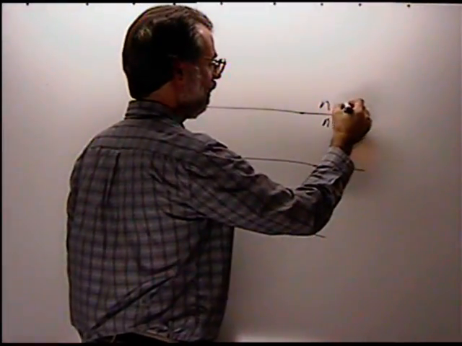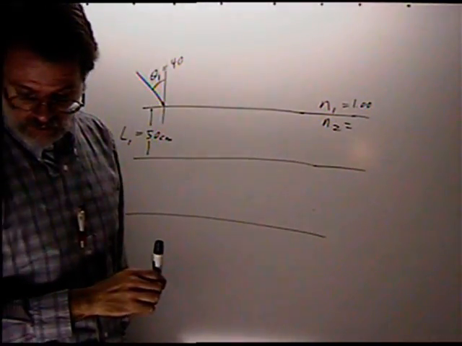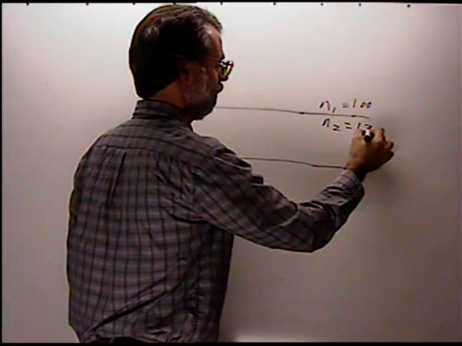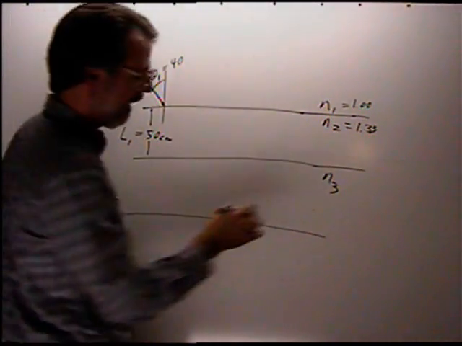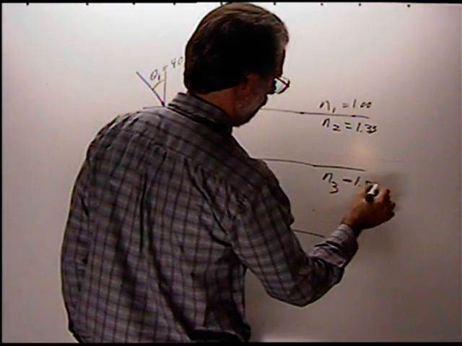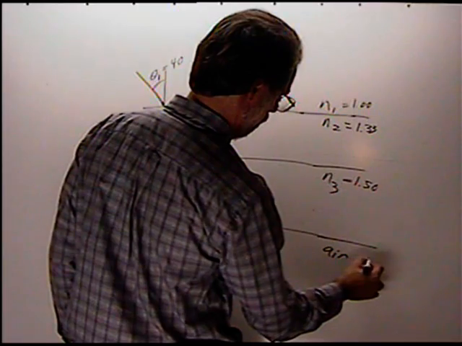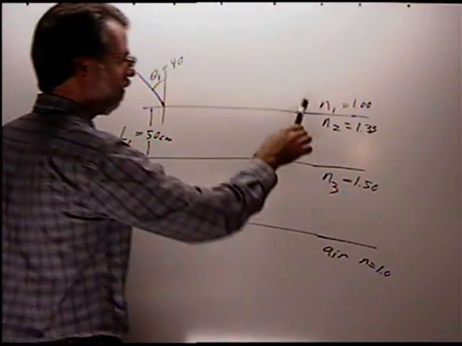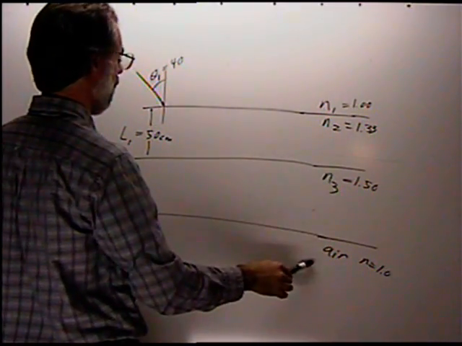This is air. The index of refraction of media 2 is water. Index of refraction of 3 is glass. Then back to air. So we're going from air to water to glass, back to air.